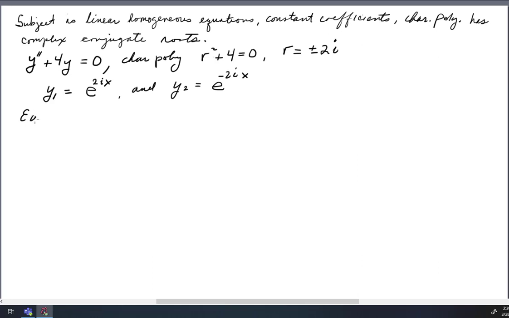In fact, if this is the first time you've seen this, that's fine also. There's something called Euler's formula. And Euler's formula just says that e to the i theta is equal to cosine theta plus i sine theta.